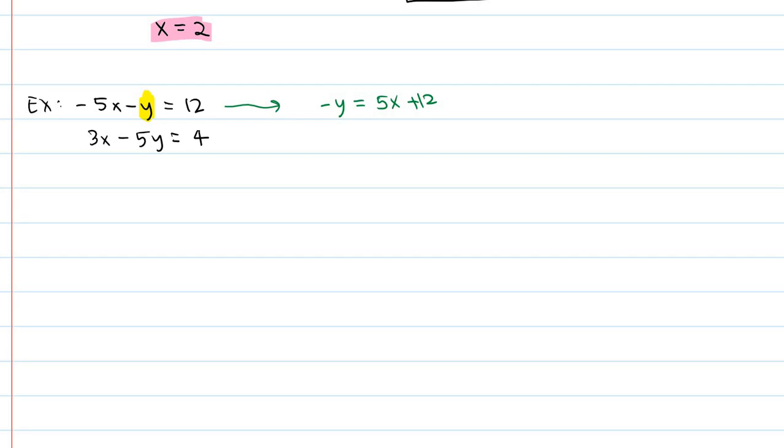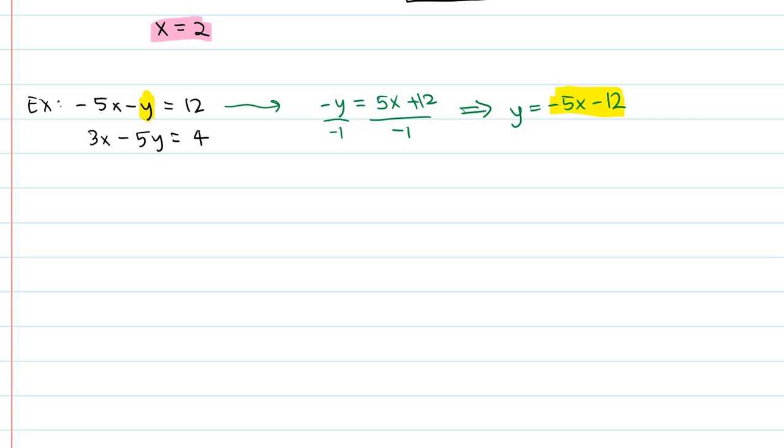Then I need to have a positive y, not a negative y, so I'm going to divide by negative 1 everywhere. And I get this new equation, y equals negative 5x minus 12. So now I have an equation where y is isolated, and now I can substitute.